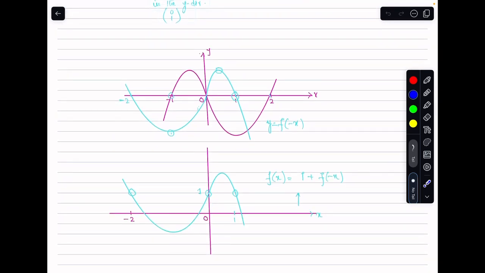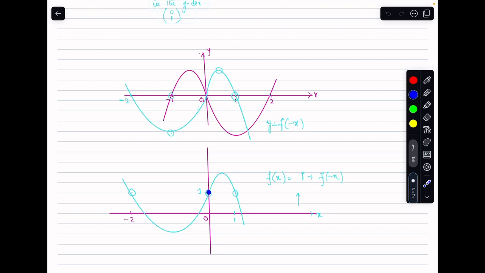After that, I should be having the transformation with respect to 1. That means it's a vertical transformation along the y direction in the positive, because 1 is positive here, so it needs to get shifted upwards. Shifting it upwards, it's just the blue curve that I shall be having here. From 0, it was initially at 0 here.